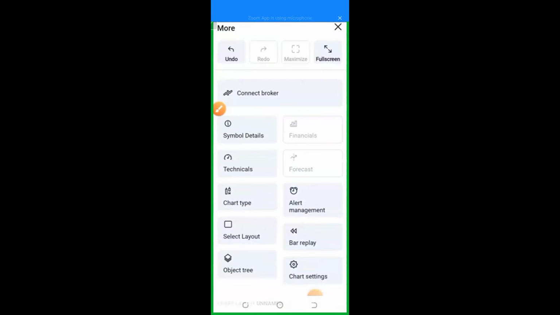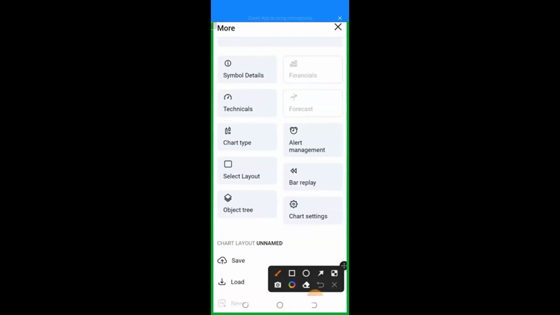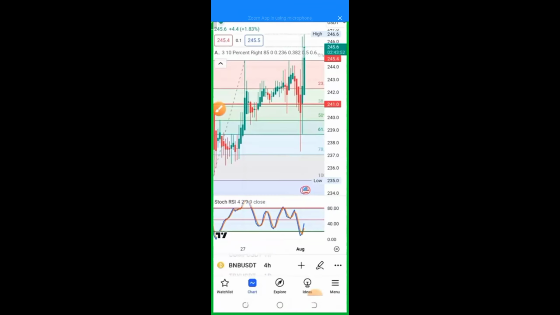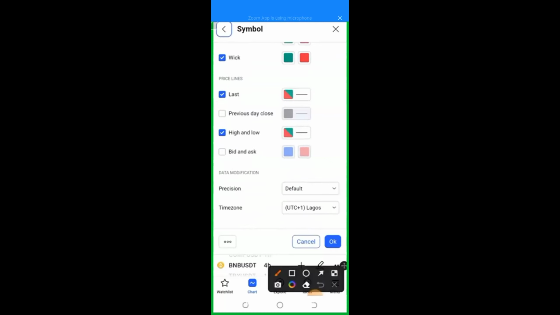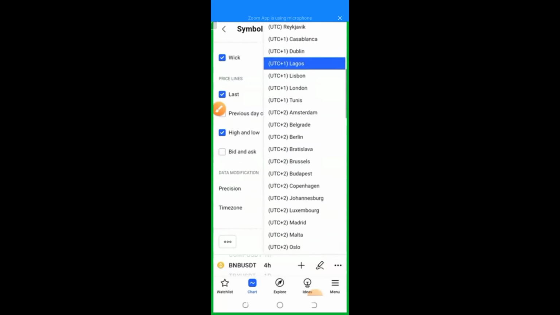Then go to chart settings. When you get to chart settings, at the section of symbol, just go down and select your location. You can see different countries, different locations.